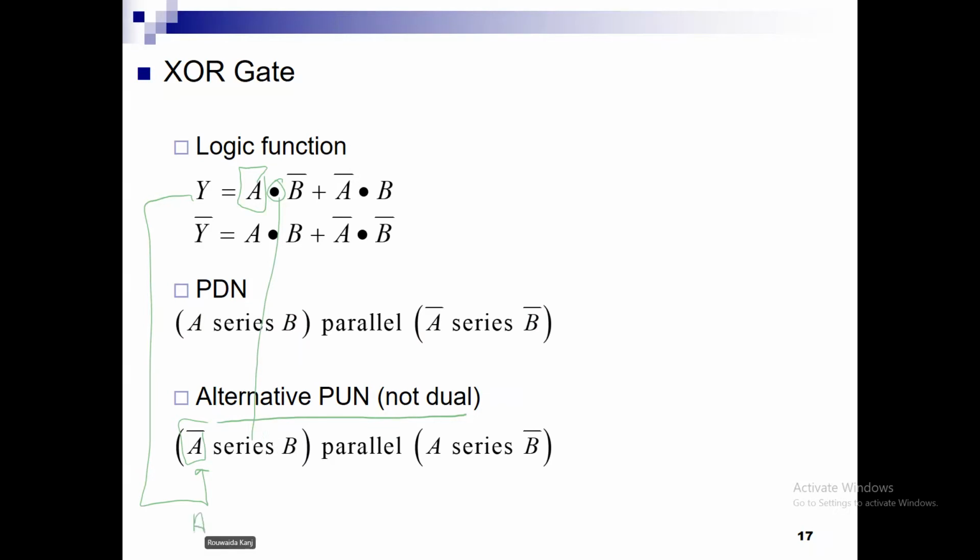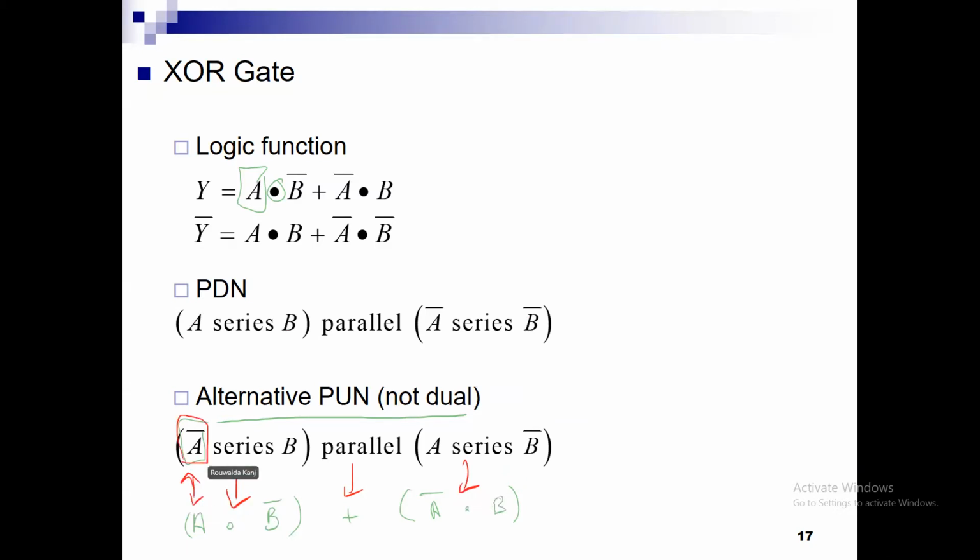So this is A dot B bar, or A bar dot B. So what he does is he really flips the inputs. He keeps the relations the same. So here the relations remain the same, but the inputs are flipped.